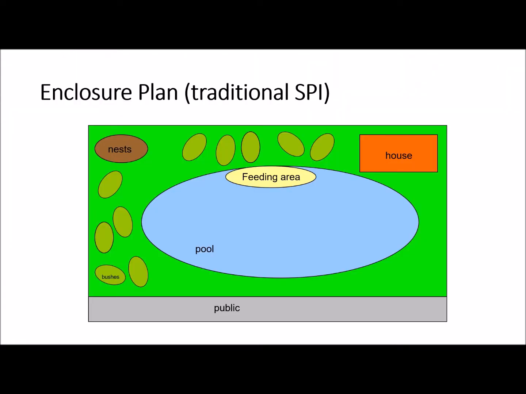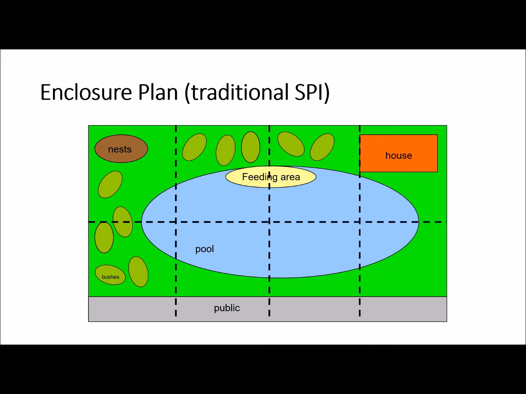When we use the SPI to measure space use in the zoo, we have different ways of doing this. We could use the traditional SPI, formulated by Dickens in 1955, which splits up an enclosure into equal zones. And here in my example, you can see how an enclosure that contains a pool, a nesting area, a feeding area, some shrubs and bushes, a public accessible area, and the animal's house has been divided into 8 rectangles of the same size.